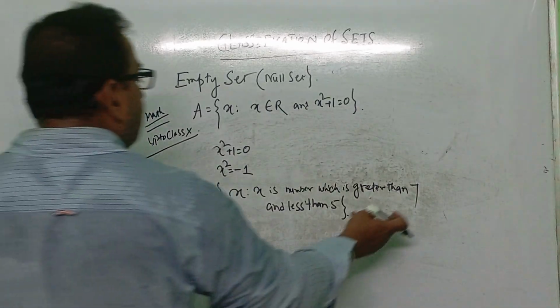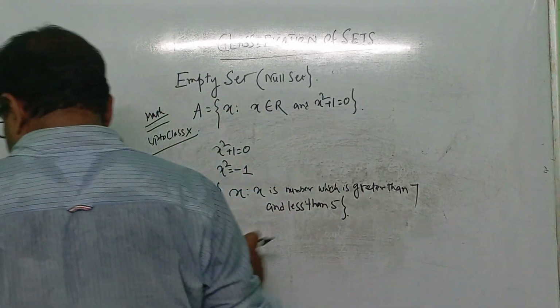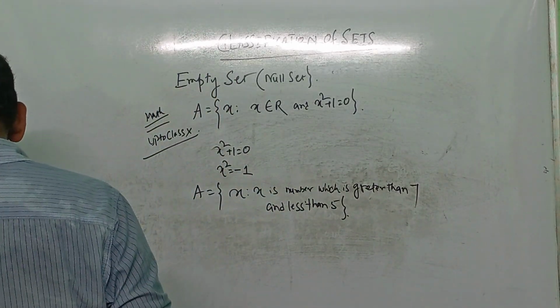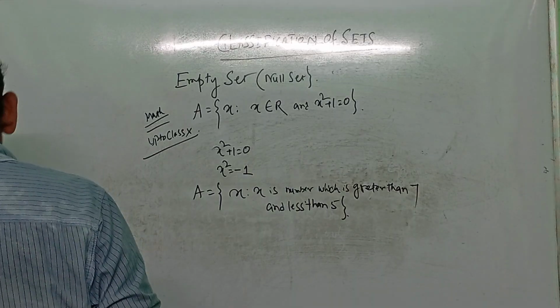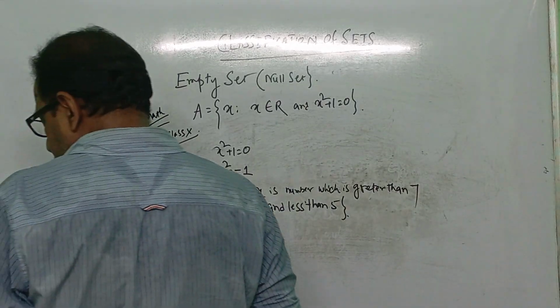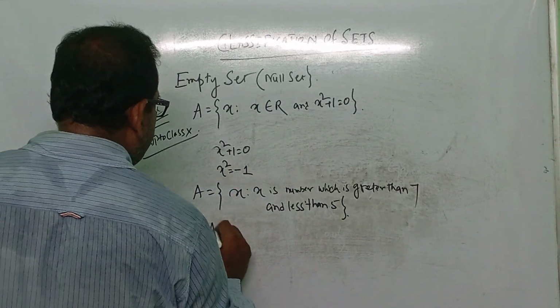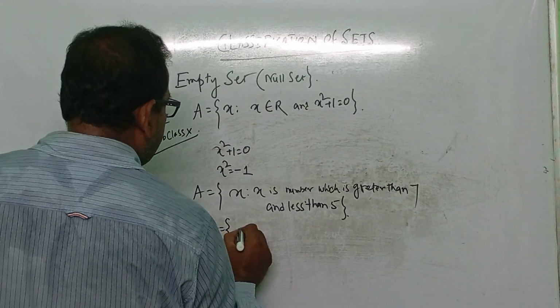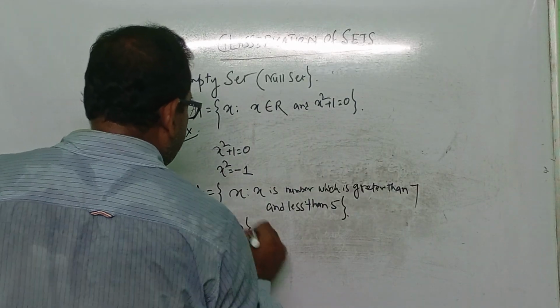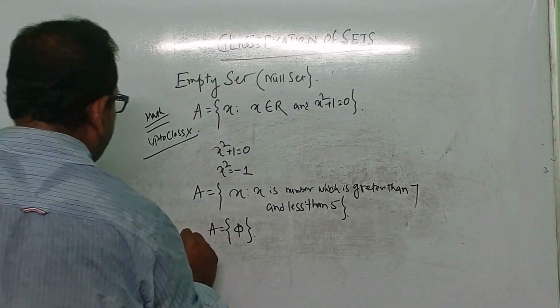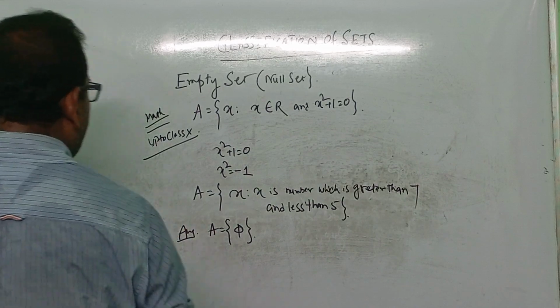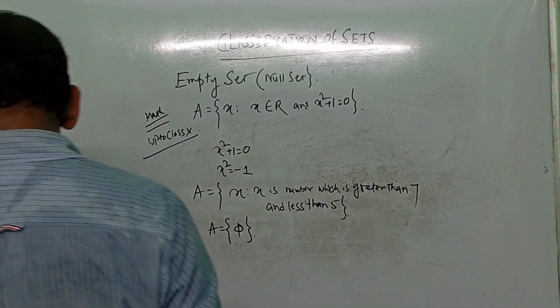Now, is there any number that is greater than 7 and less than 5? Never. So this set is called the empty set and it is represented like this. The answer is the empty or null set.